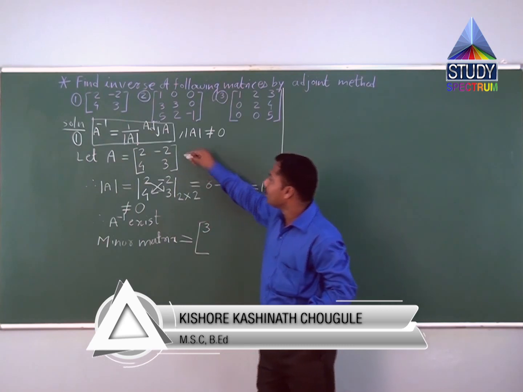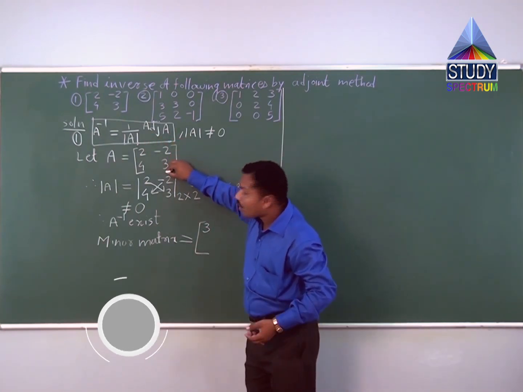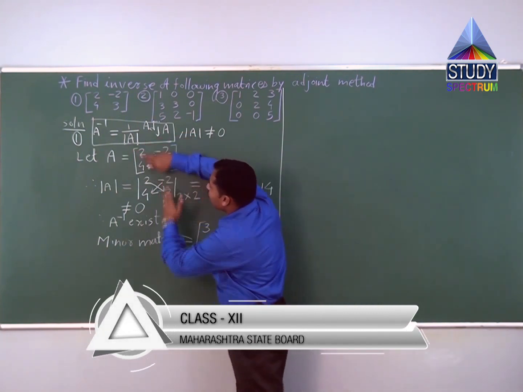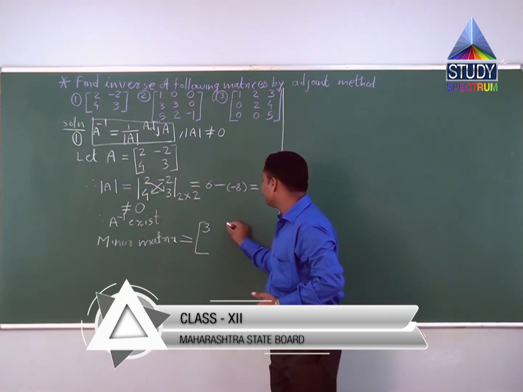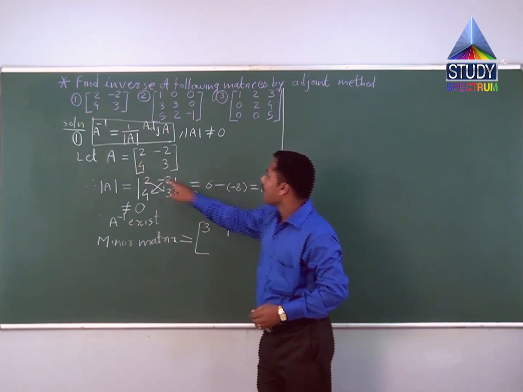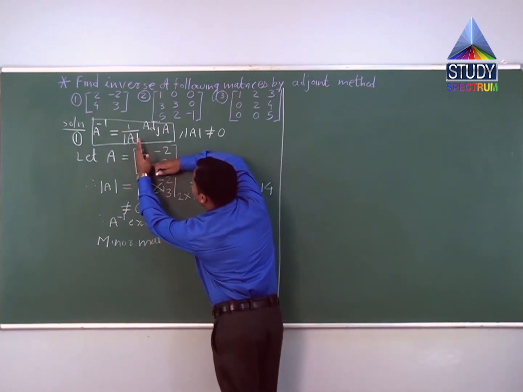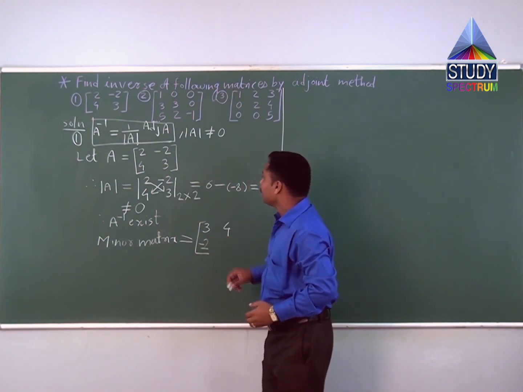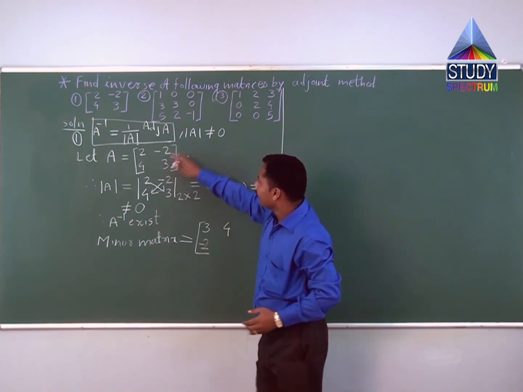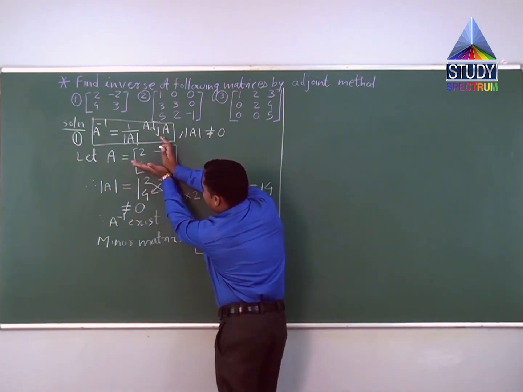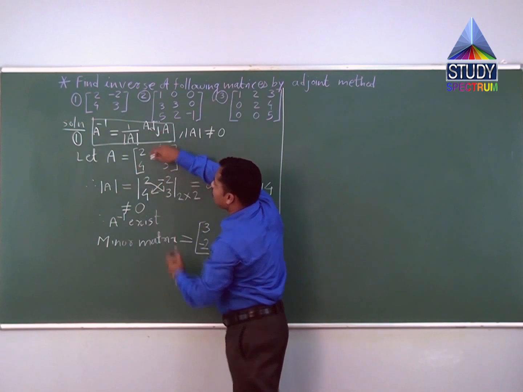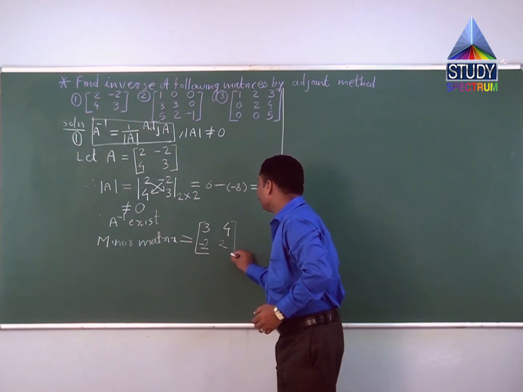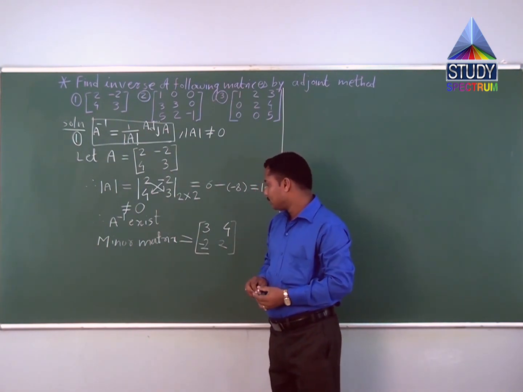Minor of -2 means delete the row and column passing through -2, so only number 4 remains. Determinant of 4 is 4. Minor of 4: row and column deleted passing through number 4, so remaining -2. Again minor of 3: delete the row and column passing through 3, so remaining 2. So this is our minor matrix.